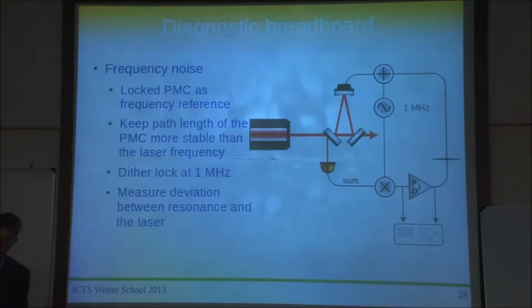So in the scheme that I've shown you yesterday, you used an EOM to create sidebands. In this case, you move this back mirror here slightly with a frequency of 1 megahertz, and that actually creates sidebands inside the resonator itself. And then you again have a photodiode which detects the reflected beam here and overlaps it with the beam that's traveling inside this cavity. And then you basically have the same scheme as yesterday.